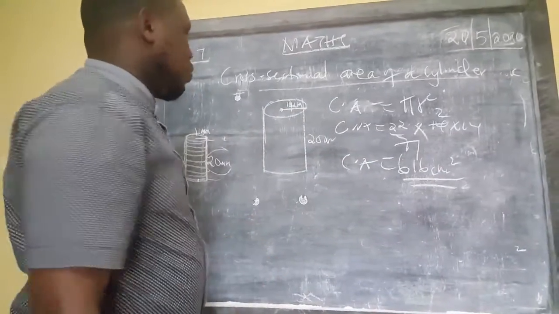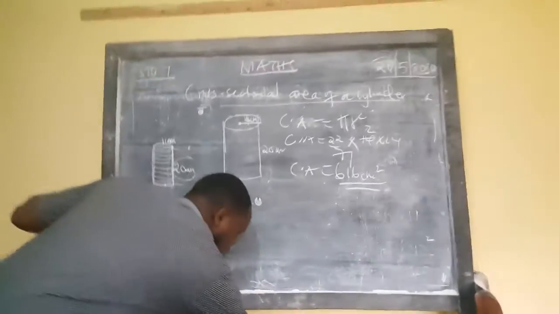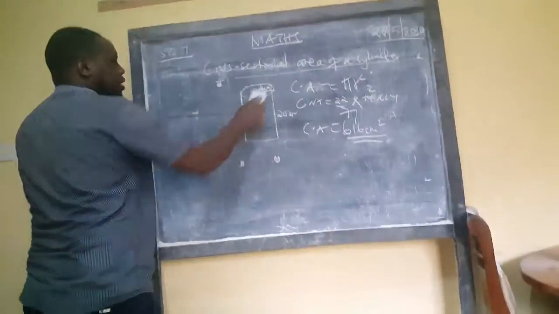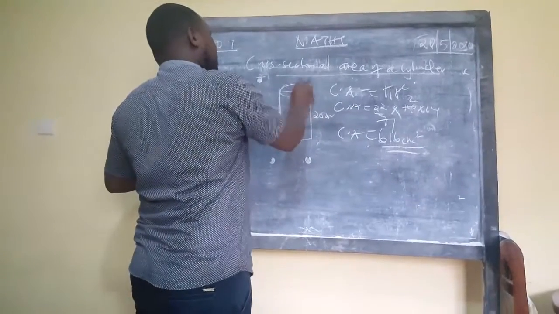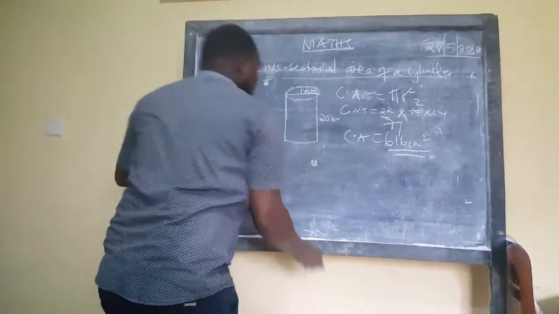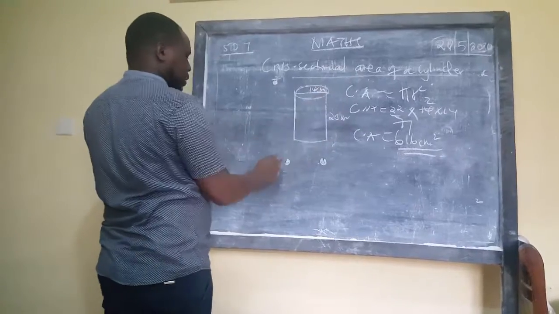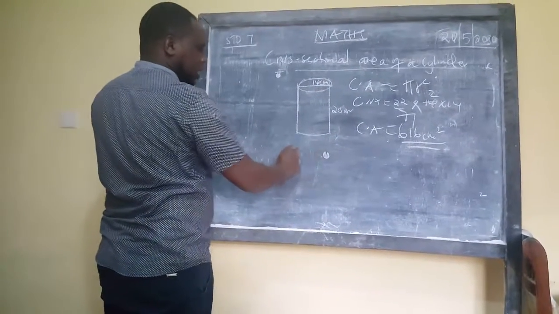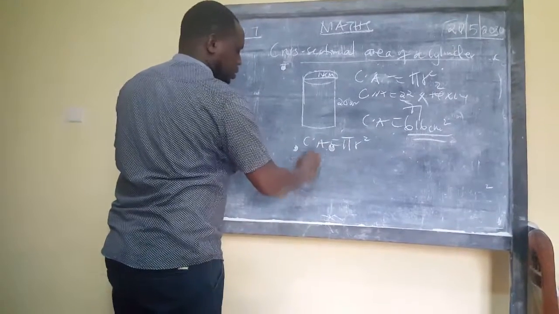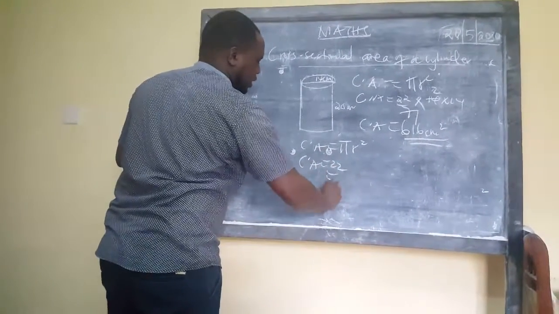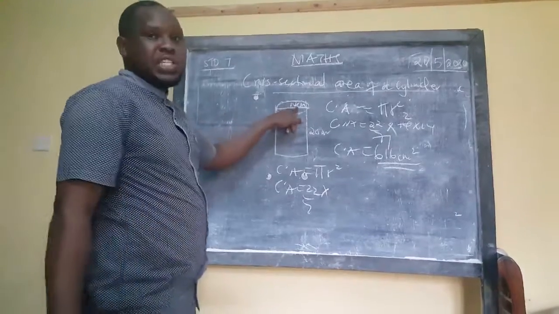You can do another one where we're given a diameter. Assuming they have given you a diameter of 14 centimeters. So the diameter is 14 centimeters. These remain the same. So cross-sectional area is going to be pi r squared. Pi, so 22/7. Now the radius is going to change here.